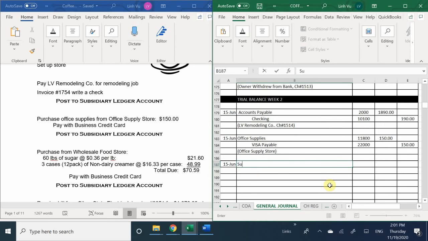And that account number is 11770. And then there's creamer, right? Dairy creamer. And that account is 11775.